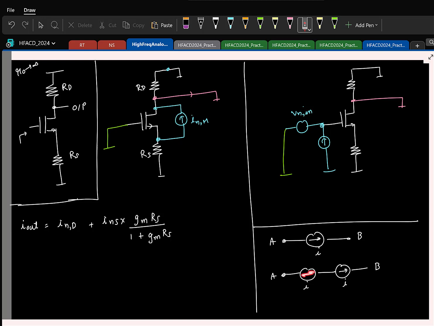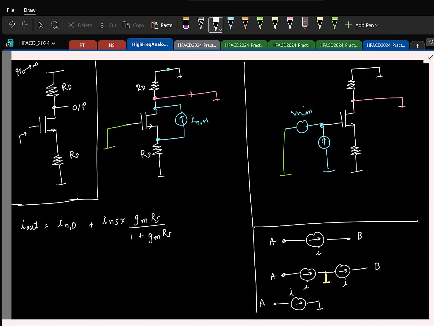I have two identical current sources, and what can you say about this node potential? It is not known. Again, it's the same CMFB problem. This can be anything in the world. It is not defined. If it can be anything in the world, what value can you choose? You can make it 0. Nothing will change, right?